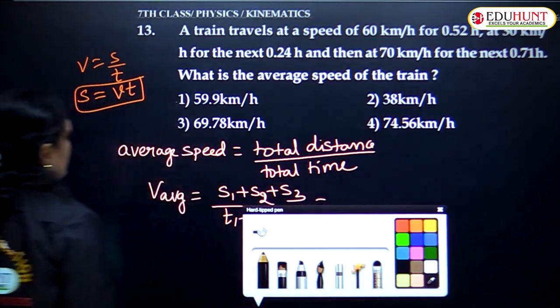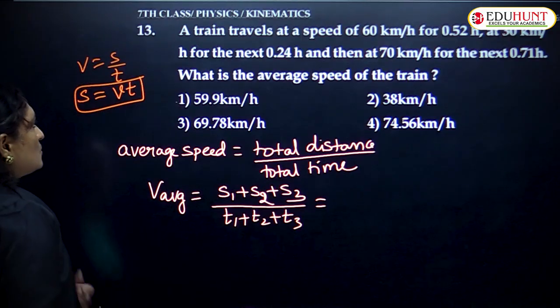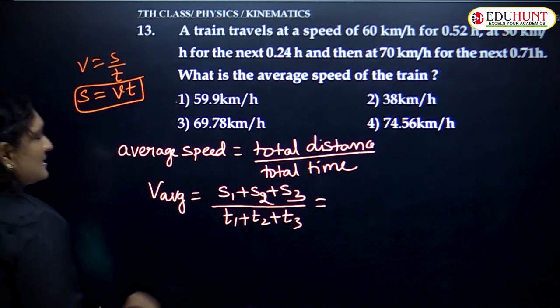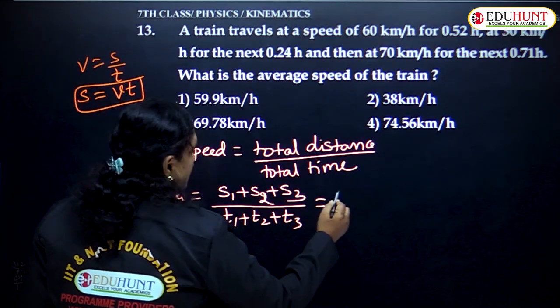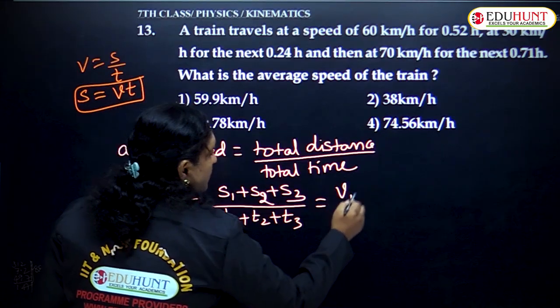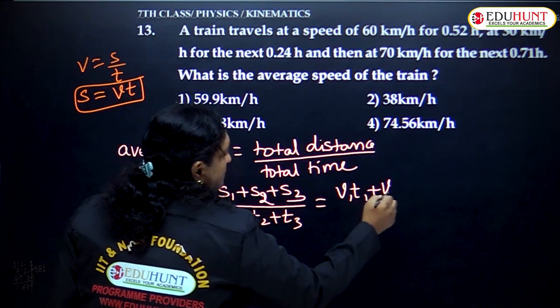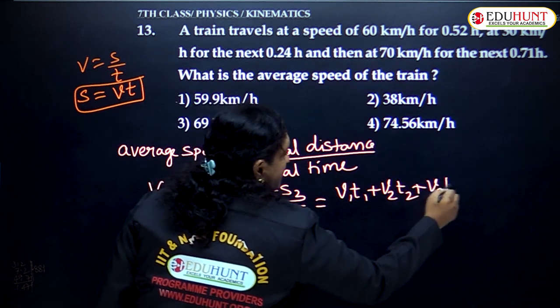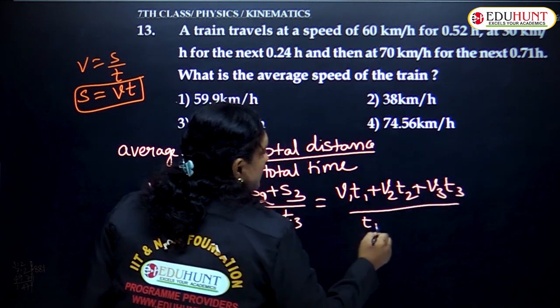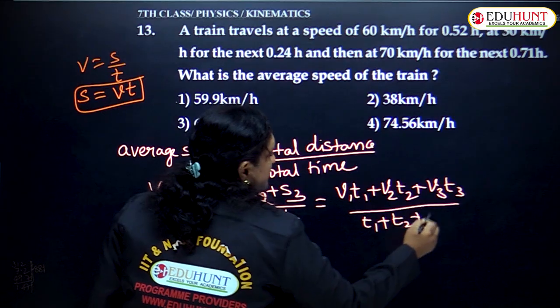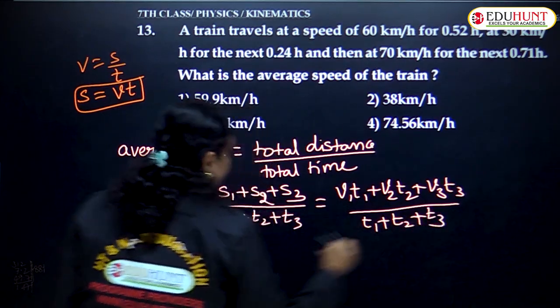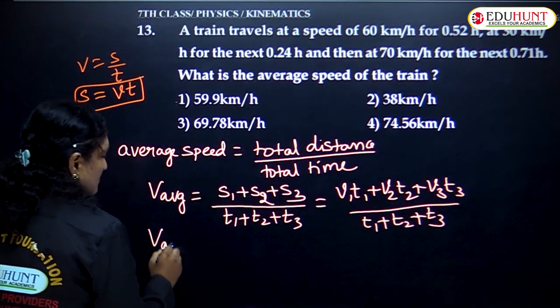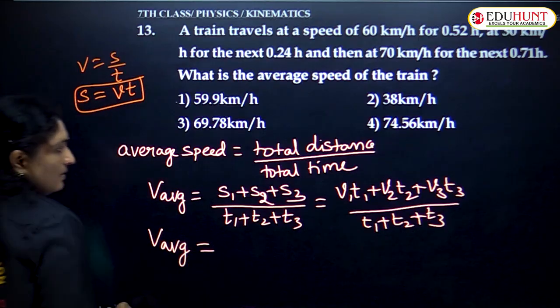Hence, S1 is equal to V1 T1, S2 equals V2 T2, and S3 is equal to V3 T3. So this can be written as V1 T1 plus V2 T2 plus V3 T3 whole upon T1 plus T2 plus T3. Hence, average speed is equal to V1.